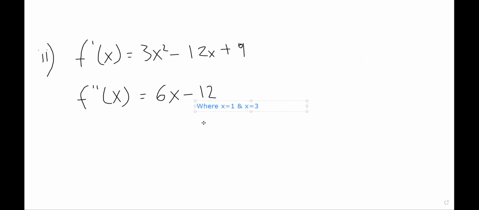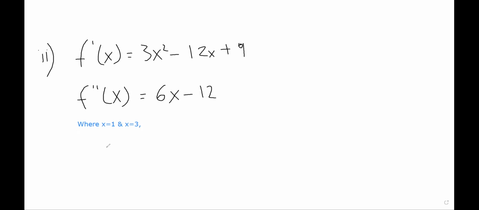Where x is equal to 1 and x is equal to 3, right? So all we're gonna do right here now is plug and chug, right? We plug our x values into our f double prime x to determine our local maximum and our local minimum, right?